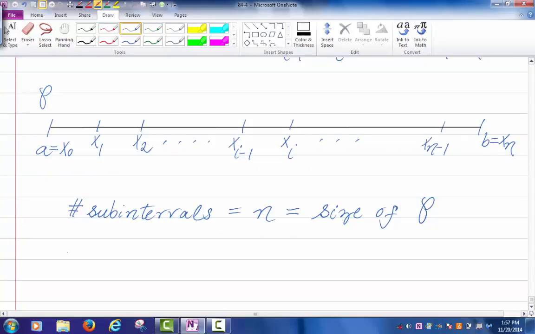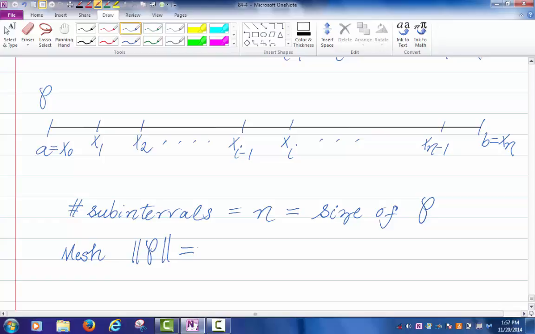We also have this concept of mesh. The mesh of the partition is denoted by this symbol here. And by mesh, what do we mean? We mean, look at the lengths of all these subintervals and pick the largest one.